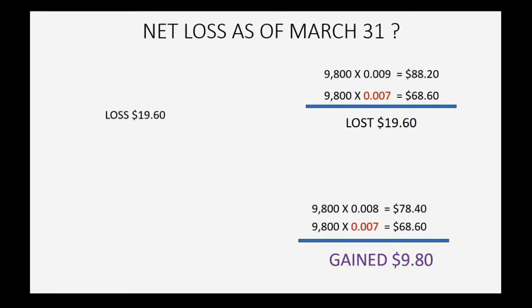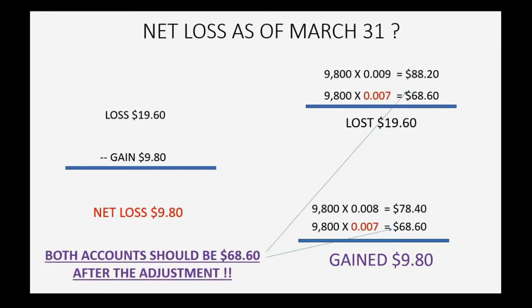Well, if you lost $19.60 on one account, but you gained $9.80 in the other account, then the net loss, which will be the net adjustment, home currency adjustment, on March 31st, before we record paying, will be $9.80. And after we pay, both accounts should be equal because they will have the same number of units, and each of those units will be valued in the same amount.